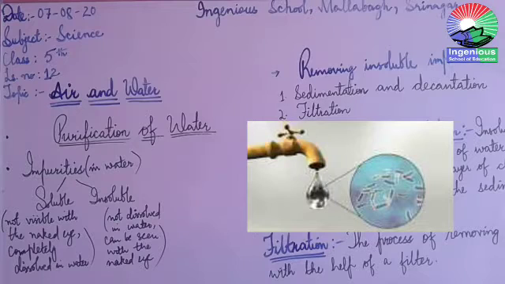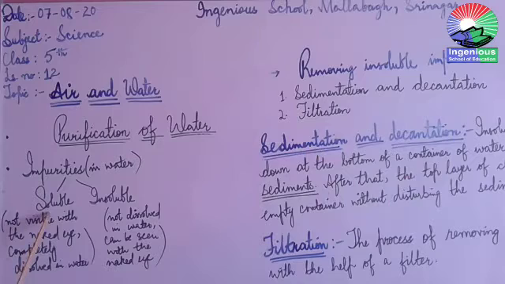Soluble impurities are completely dissolved in water, so we cannot see them with our naked eye. Whereas insoluble impurities are not dissolved in water and we can see them.